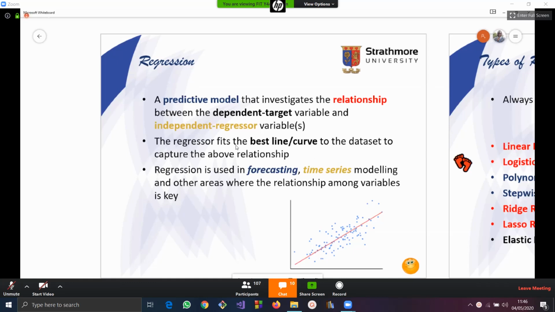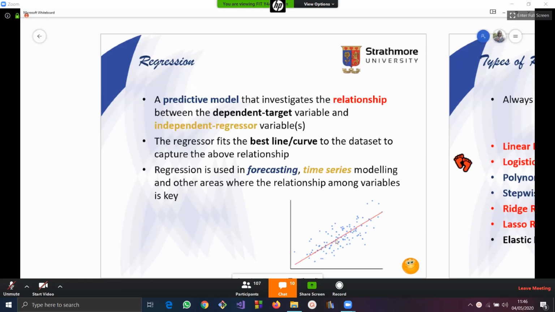So the simplest form of regression is linear regression, and I'm going to use this to describe it. Linear regression is to try and learn. Okay, so you have a data set like this, and then you want your model to learn a line that best describes this data set.